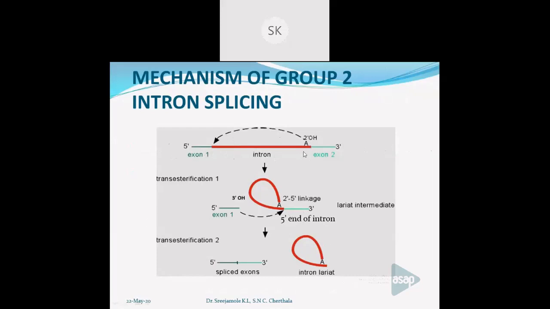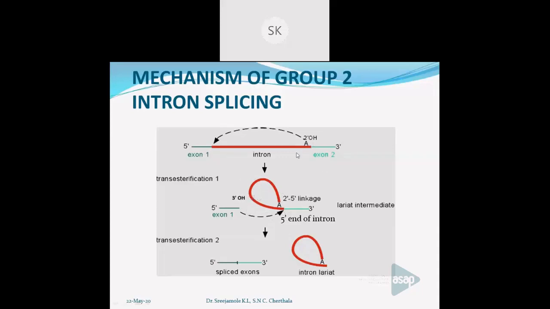The first process is that at the 3' end of the intron there is an adenine, and the 2' hydroxyl group of the adenine will react with the 3' end of the exon, and it splits that end, and the 5' end of the intron will be attached to the adenine, forming a lariat-shaped structure. This is what happens during group 2 intron splicing.